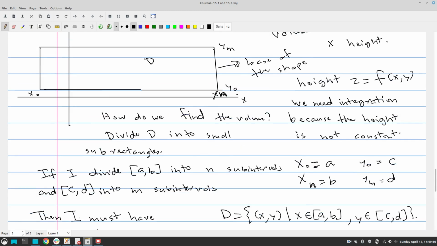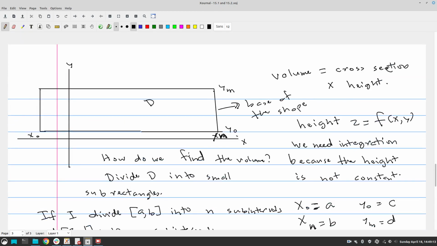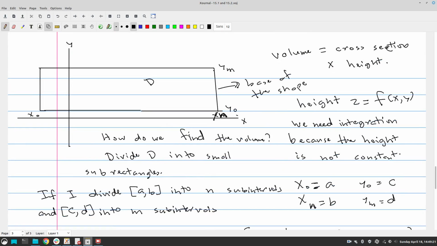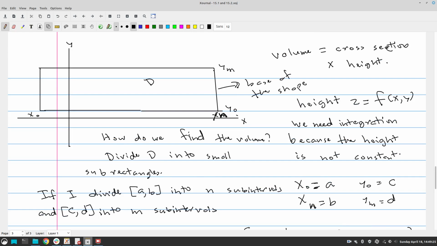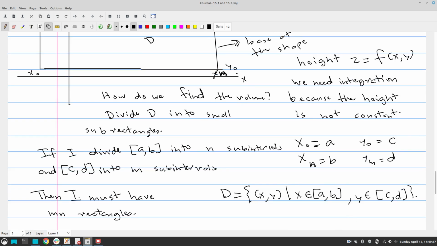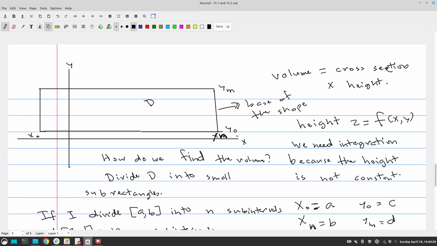So AB is divided into n subintervals, and CD is divided into m subintervals.